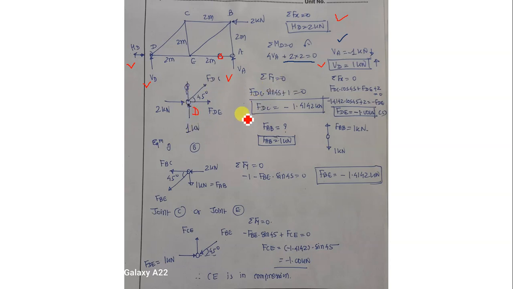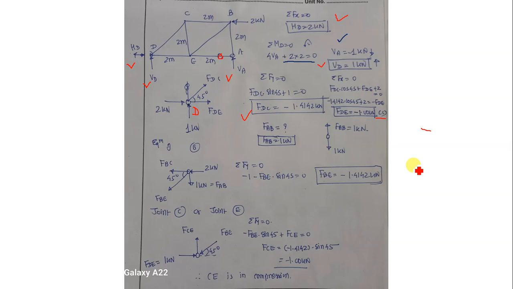Summation Fy is equal to 0 and hence FDC is equal to -1.4142 kilonewton. Applying summation Fx is equal to 0, FDE is equal to -1. The negative sign shows compression, the positive sign shows tension. So FDC is equal to -1.414 and FDE is equal to -1.